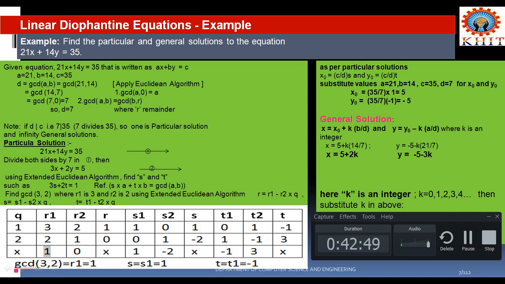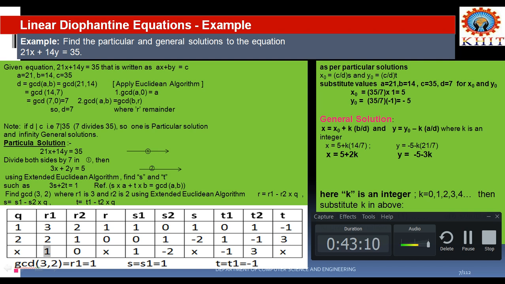Then we need to calculate the formula sa plus tb equals GCD of a b. For that purpose, new a is 3, so 3s plus 2t is equal to 1.